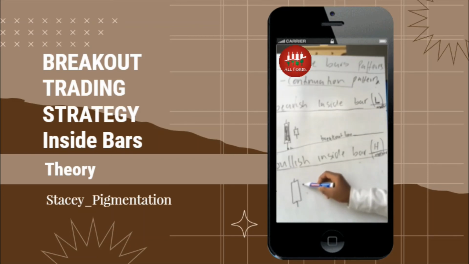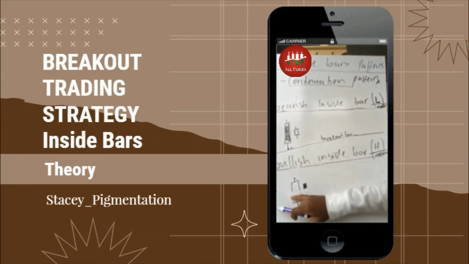And then this is a bullish inside bar. So the location, it doesn't matter if it's here or here. The only thing is whether the body of the next candlestick is within the higher and the lower. If yes, then that's an inside bar. Because I'm saying this because sometimes an inside bar can be in this format.